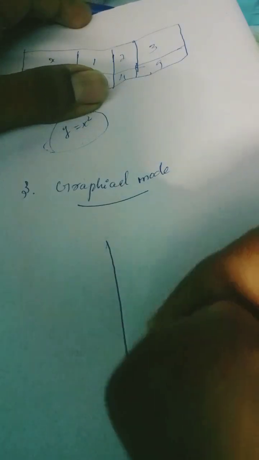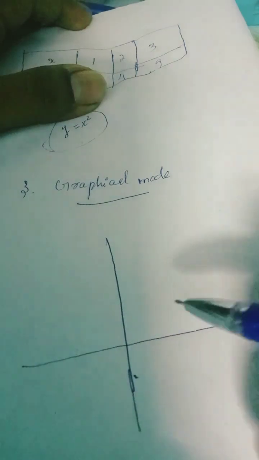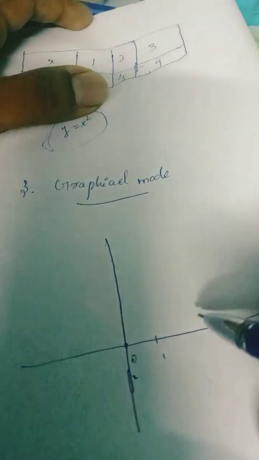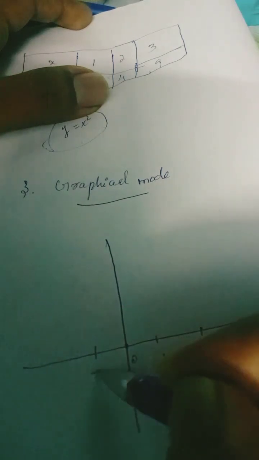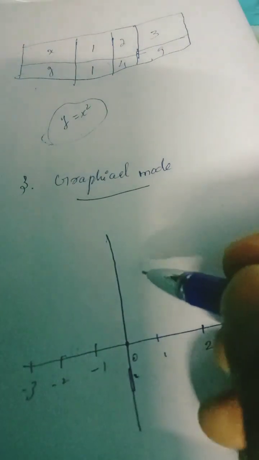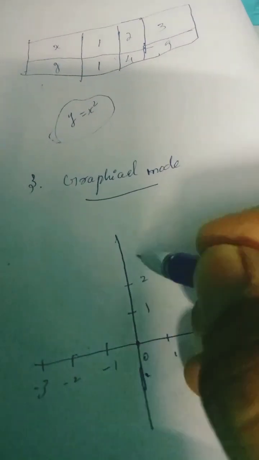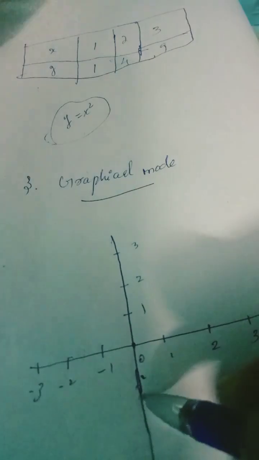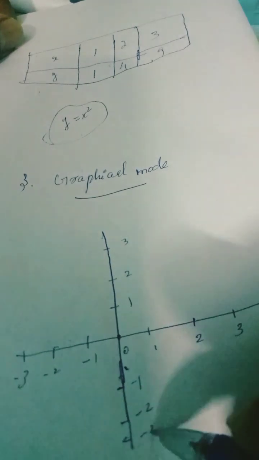Taking the axes, 0, 1, 2 and 3, here -1, -2, -3, and 1, 2, 3, -1, -2, -3.